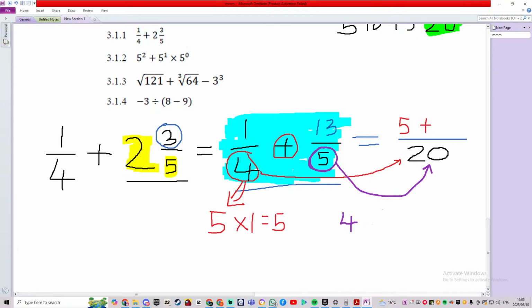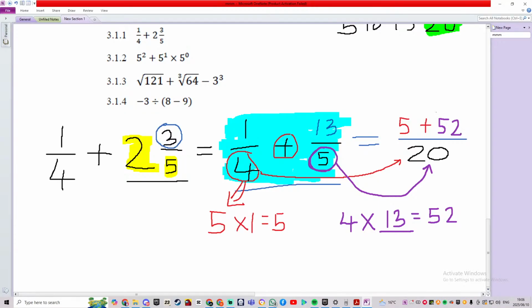Then I'm going to multiply it by the numerator. That's correct, 4 times 13. That's equal to 52. So then I add that 52 on the top.